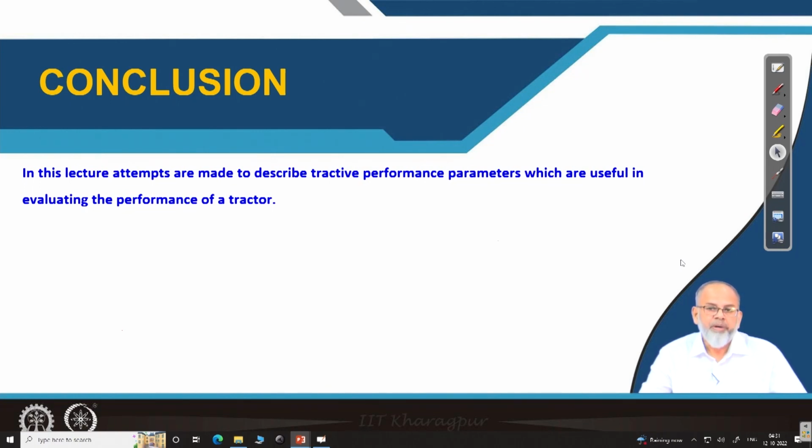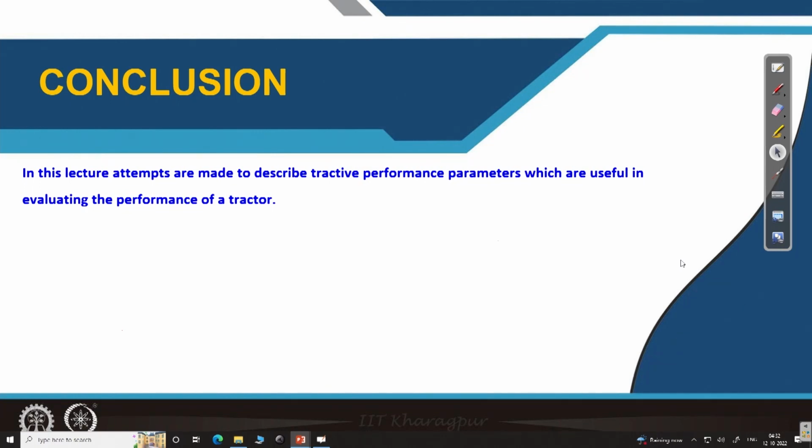If by mistake you take the original weight, that means without weight transfer, then all your calculations will be wrongly interpreted. So the two differences should be taken into consideration. One is how much weight is transferred, and that should be reflected in your coefficient of traction, coefficient of gross traction, or coefficient of rolling resistance.